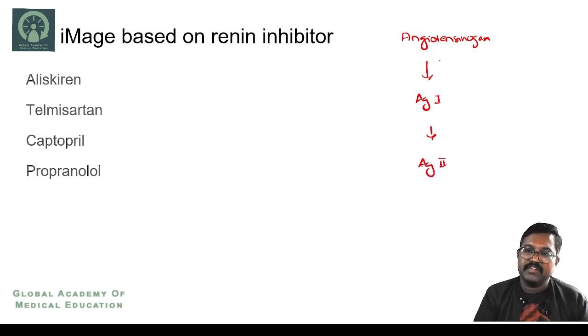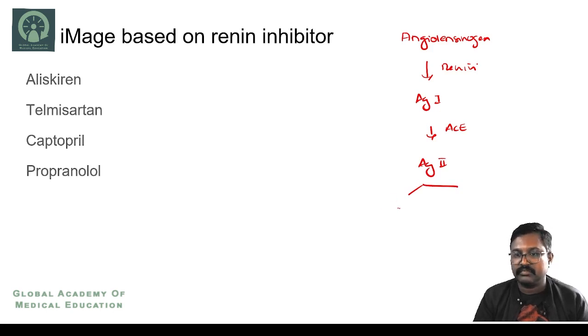Angiotensinogen to angiotensin 1 is with the help of renin, and angiotensin 1 to 2 is with the help of the ACE enzyme, and it acts on the angiotensin 1 receptor, as well as releasing aldosterone.